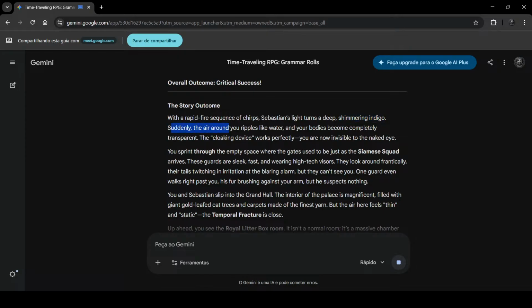Suddenly, the air around you ripples like water, and your bodies become completely transparent. The cloaking device works perfectly. You are now invisible to the naked eye.